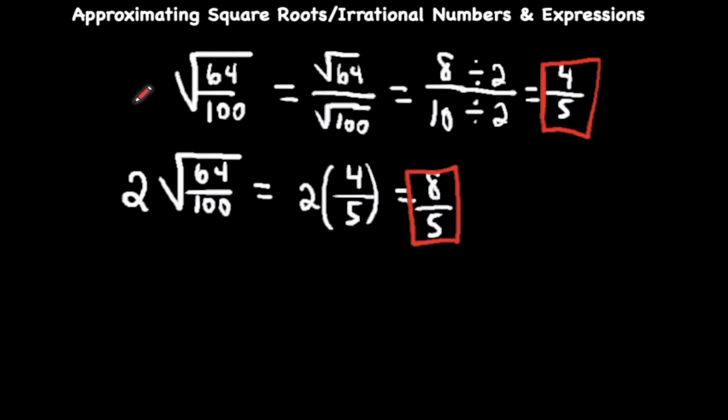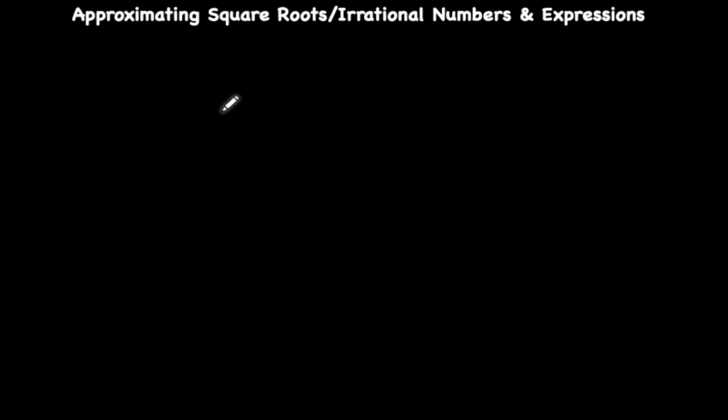Okay, so let's go over one more example. Let's say that you're given the square root of 34 divided by 12. The square root of 34, you're told to round to the nearest tenth. Now, what's your next step though?